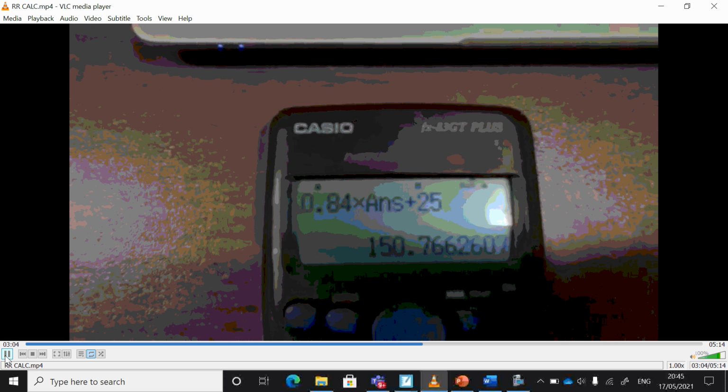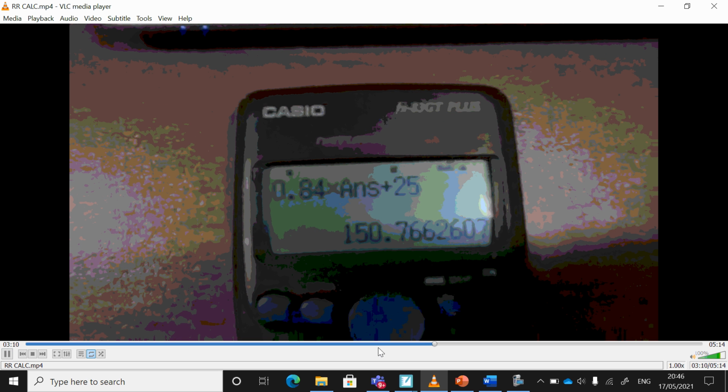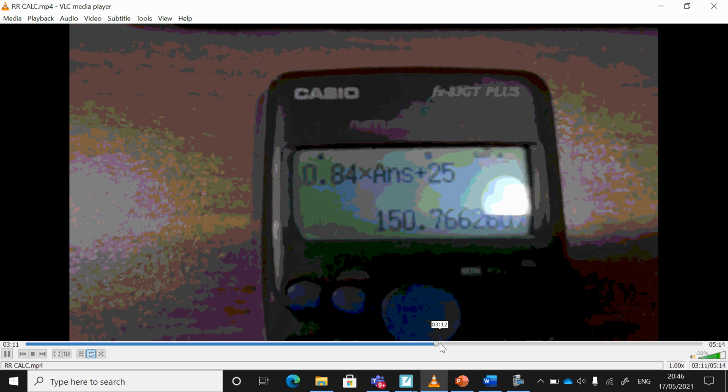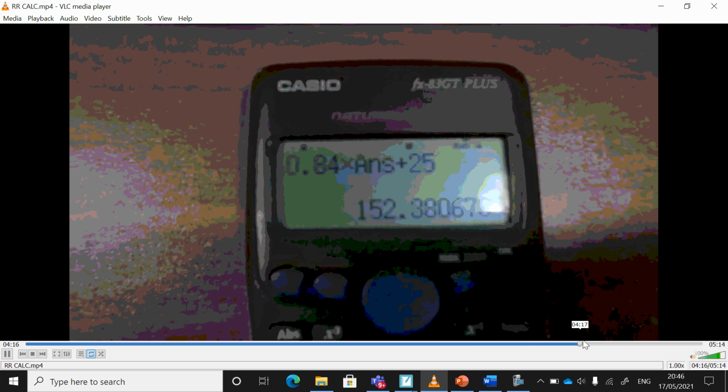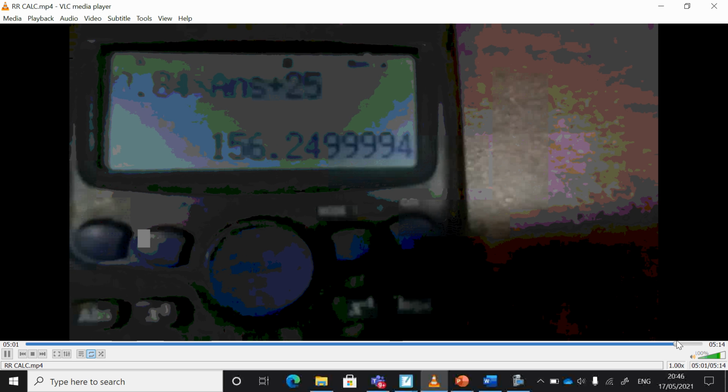But for this one, it actually takes you ages. I'm not going to show it because I'd just keep going on and on. This takes another few minutes. So eventually, there you go.